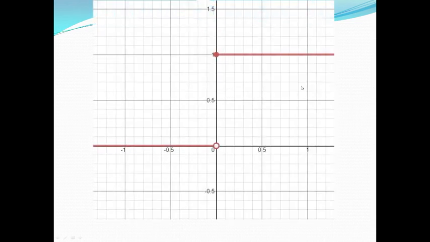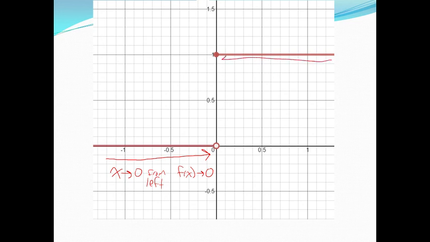As we saw yesterday, as x approaches 0 from the left side, f of x approaches 0.